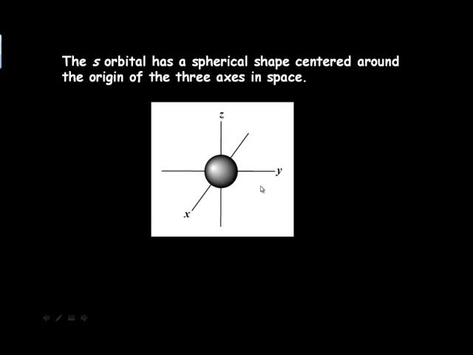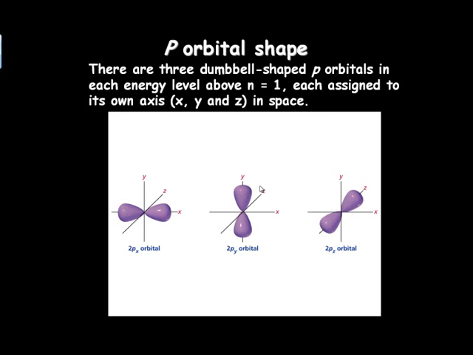The S orbital has a spherical shape, as seen in this diagram. The origin is right there at the center, and it's around the 3 axes, so it's a 3D space. The p orbitals are dumbbell shaped, so we have each of the 3 p orbitals, 2 electrons in each, a total of 6. Notice the dumbbell shape of the p orbital.